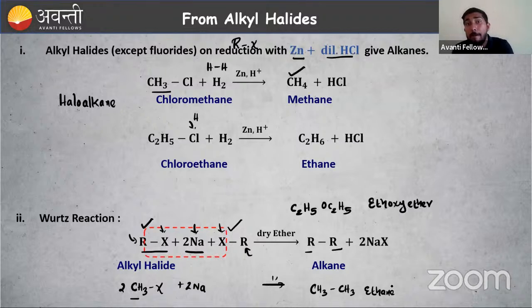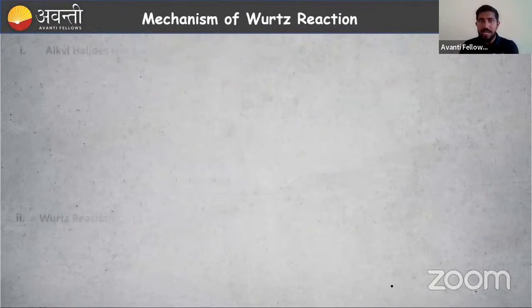Now we have to find the mechanism. What do you mean by mechanism? Mechanism means what are the steps involved in the reaction. So let us check the steps. Remember, we are taking sodium in dry ether. Let us study the reaction. Which are the steps involved?